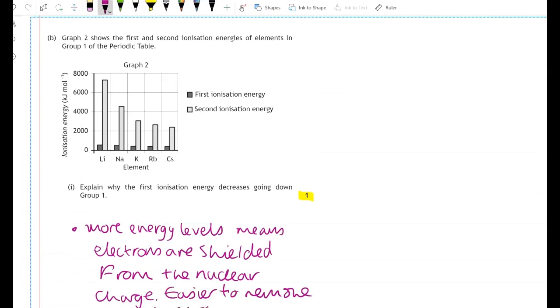So, more energy levels means electrons are shielded from the nuclear charge, easier to remove electron. The more shielding there is, the less attraction the electrons have for the nuclear charge, the easier it is to remove the electrons.